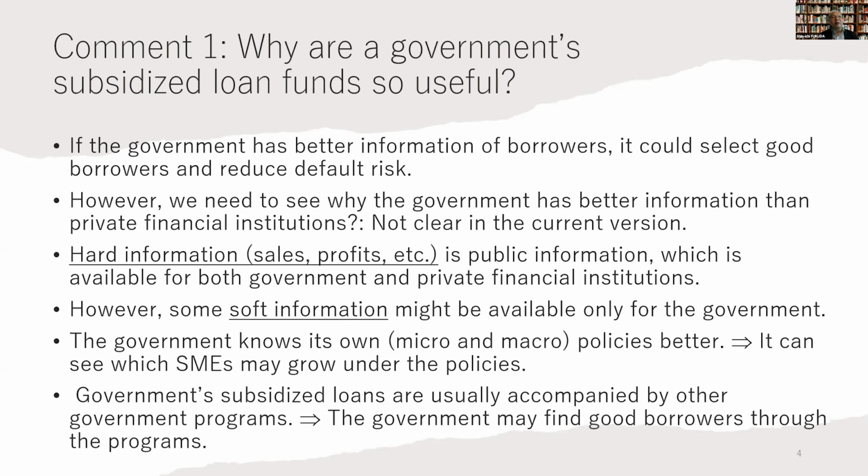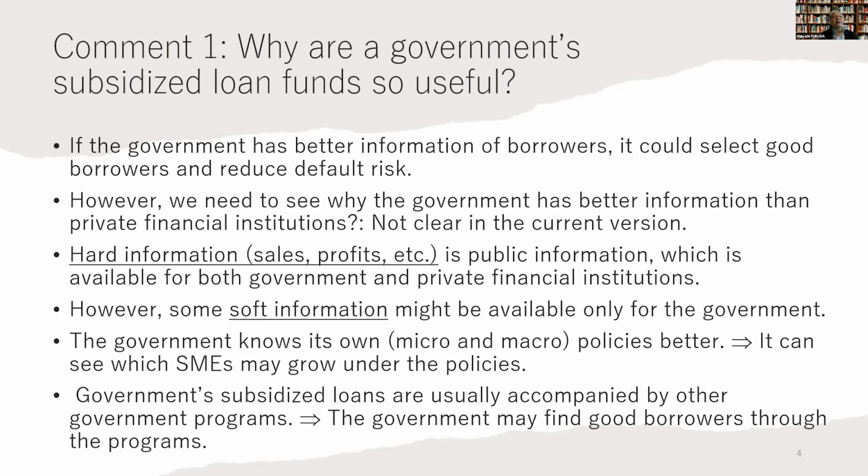If the government has better information about the borrower, it could reduce the default risk and increase the amount of lending. That is true. However, we need to see why the government has better information than private financial institutions, and that was not necessarily clear in the current version.